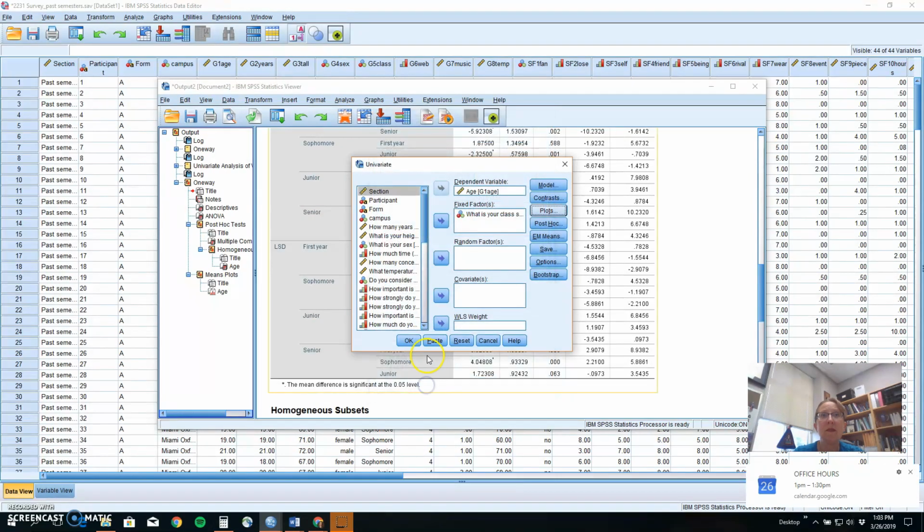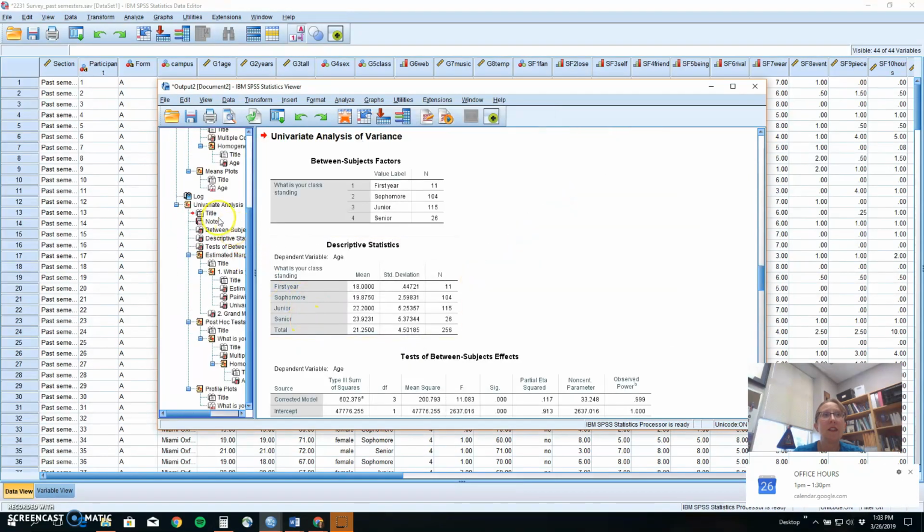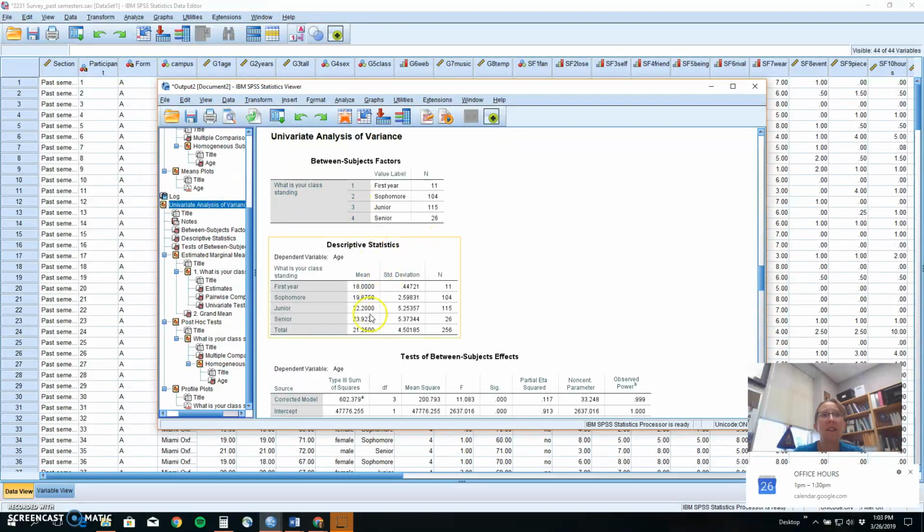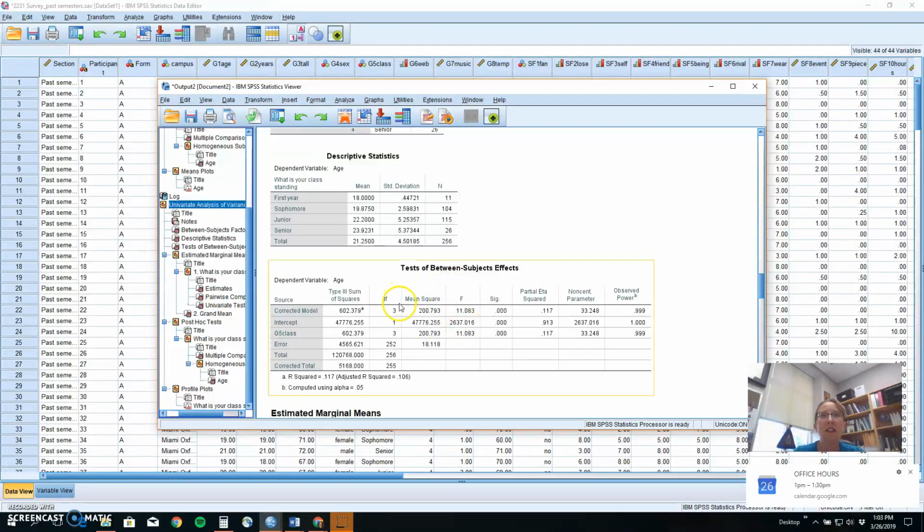So if you run this analysis, it'll still give you the mean, standard deviations, and N. It'll still give you the degrees of freedom between, within, the error to get your omnibus F value and probability here.